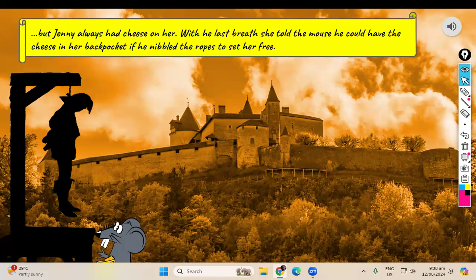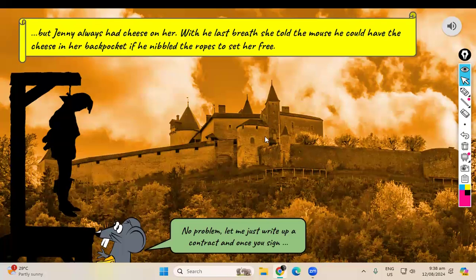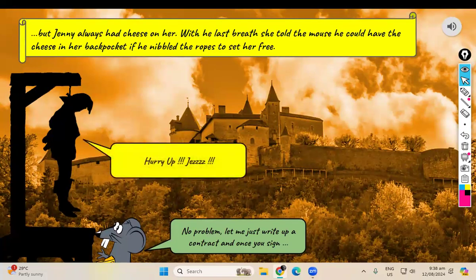But Jenny always had cheese on her. With her last breath, she told the mouse he could have the cheese in her pocket if he nibbled the ropes to set her free. So the cheese technically saved her life. And of course, the rat is a smart rat, so he made her write up a contract first. I don't know how she did that with her hands tied, but yeah, we'll let that slide.